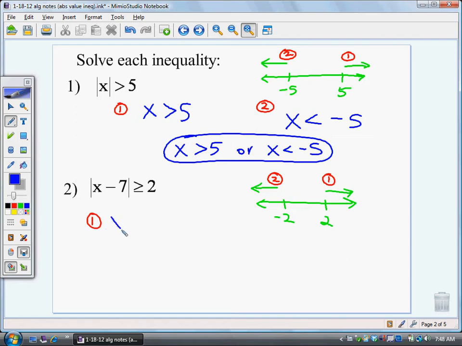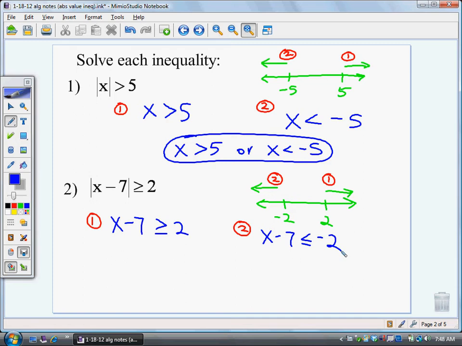So the stuff in the absolute value symbol, x -7, it has to be either greater than or equal to 2. But then our second inequality that we're going to solve has the arrow pointing to the left of -2. And going to the left is a less than sign. So the stuff inside the absolute value symbol, x -7, is less than or equal to the number -2.